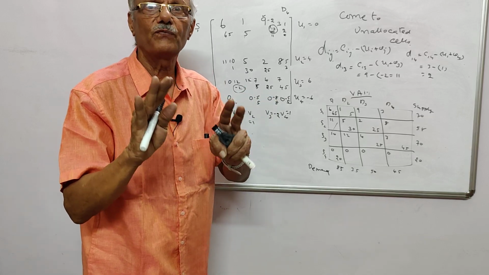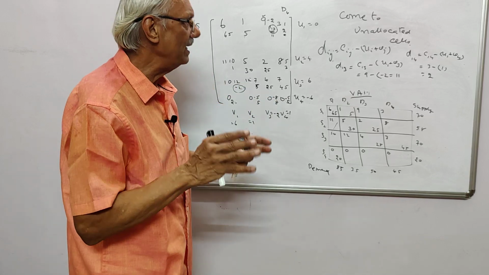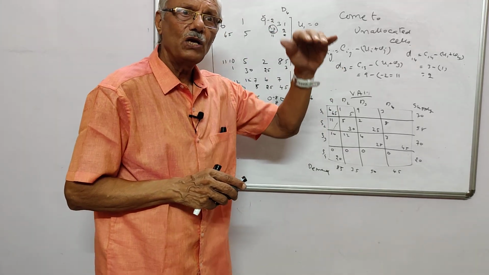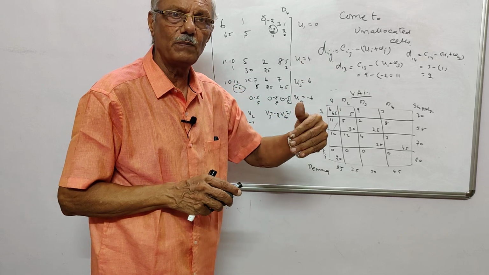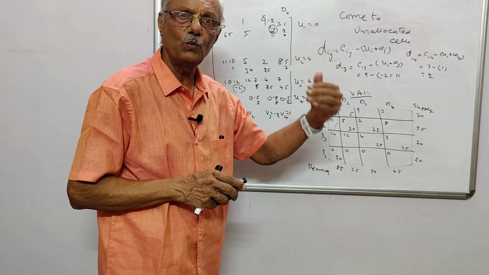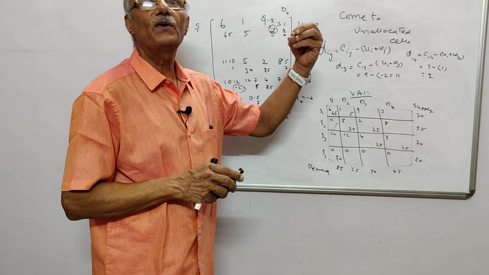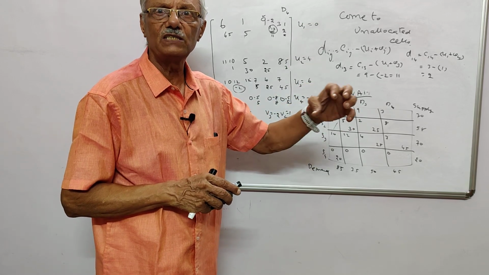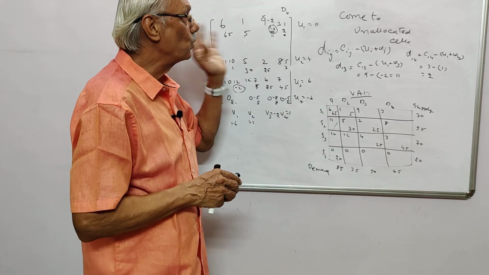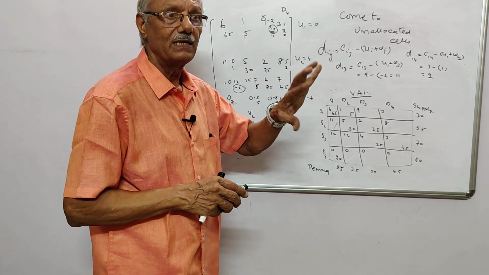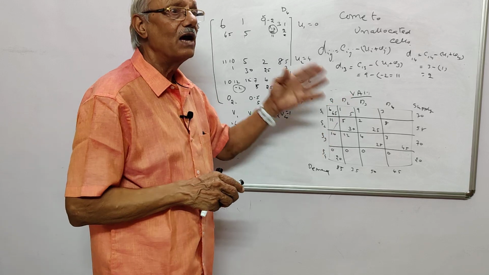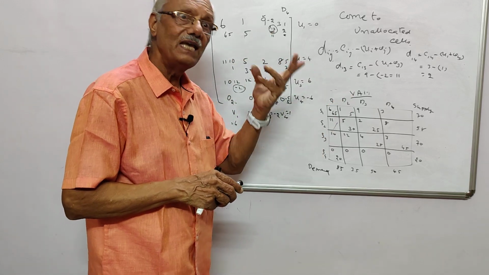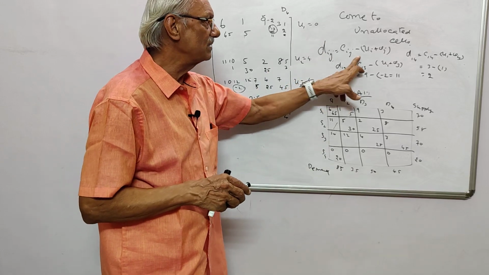So that is the purpose of finding the Dij. For finding the Dij, first of all you must find the u variable and v variable, fix 0 for any one of the variables, and then find the values of all other variables using ui plus vj is equal to cij. Then, using the allocated cells, go to the unallocated cells, find ui plus vj for all the unallocated cells. Then you find Dij using this formula.